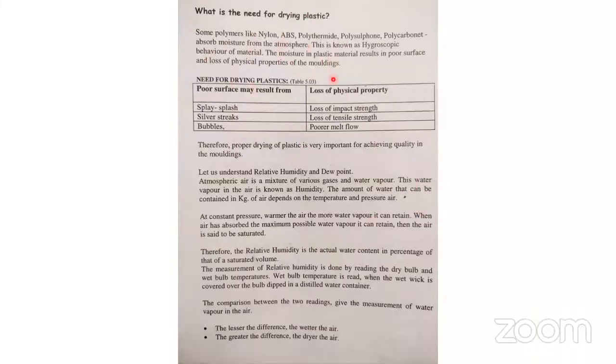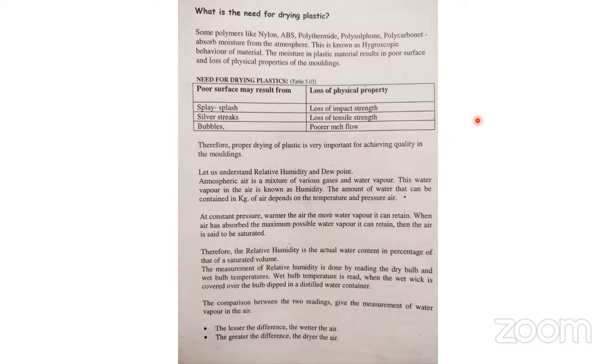What is the need for drying of plastics? Friend, if you see, there are some polymers that absorb water or moisture from the atmosphere. But there are some polymers that, I can say, drink the water.